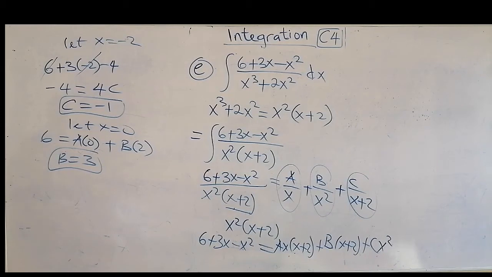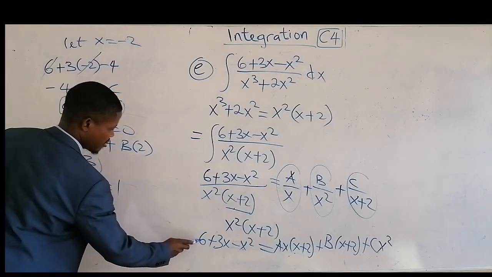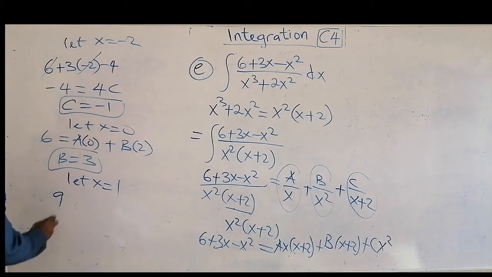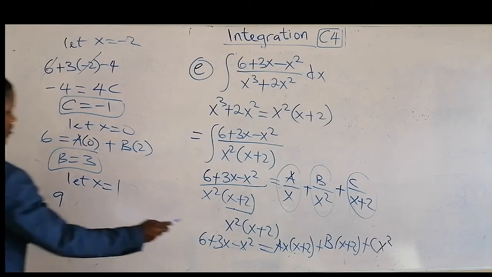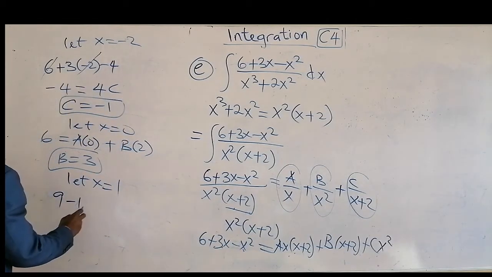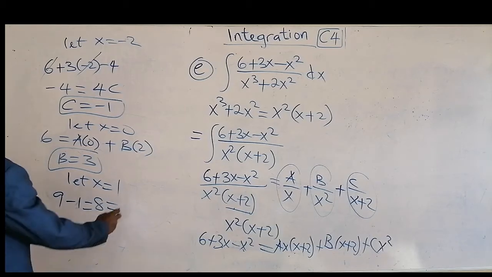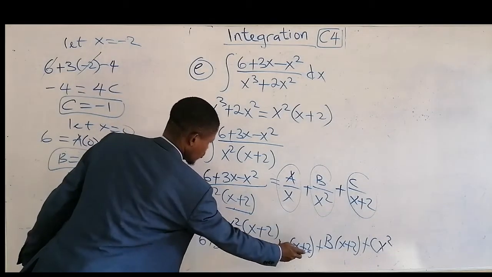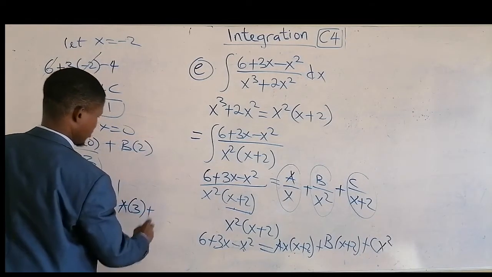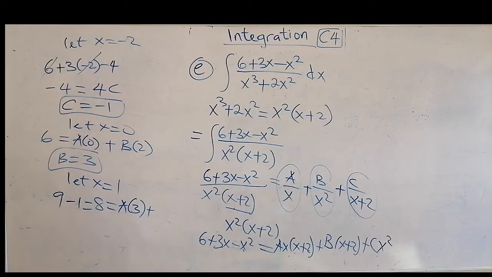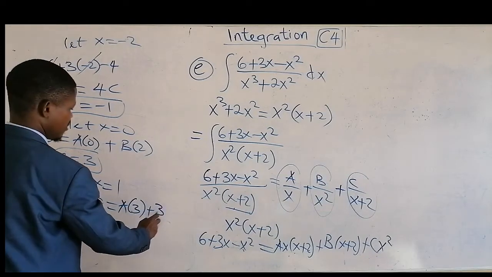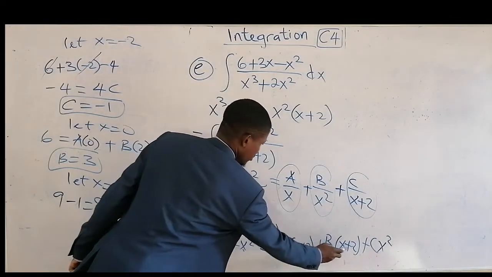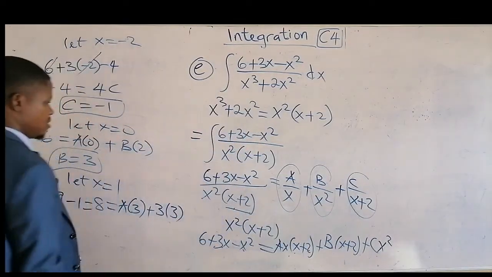You can go for 1. So let x be what? Be 1. So we have 6 plus this, that's 9. And then 9 minus this one, minus 1, that's 8, equal to a times 1, and then 1 plus 2, that's 3, and plus b, we have the value for b, which is 3, times 1 plus 2, that's also 3.